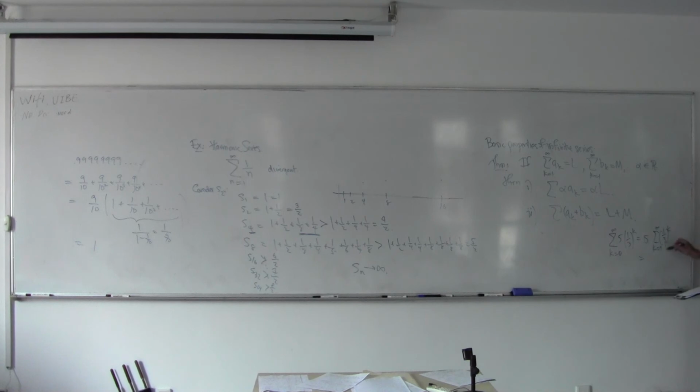We saw earlier that that was 3 halves, right? And so you get 15 halves. So you don't have to worry. This is a number times the geometric series, so you can pull the number out. Okay, that's what this is saying, right? If it converges, you can pull the number out. If it converges, you can do these sums separately, right? You can take the sum of the first guy, and you can take the sum of the second guy.